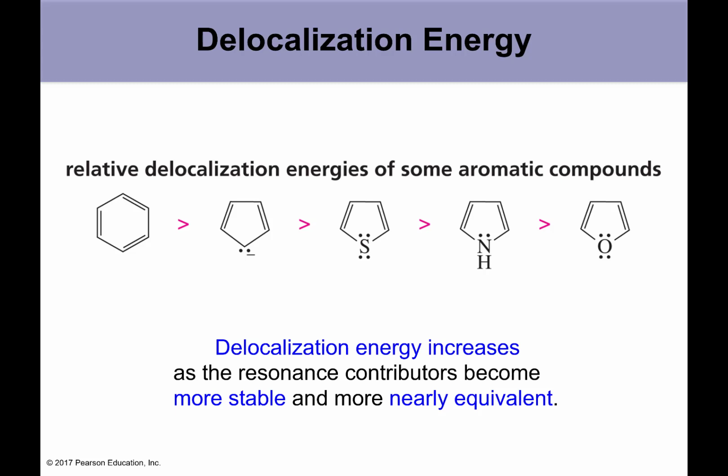For benzene, the delocalization energy is the greatest. Then the cyclopentadienyl anion has the next highest delocalization energy. And then the delocalization energy decreases as we go to more electronegative atoms in the ring.